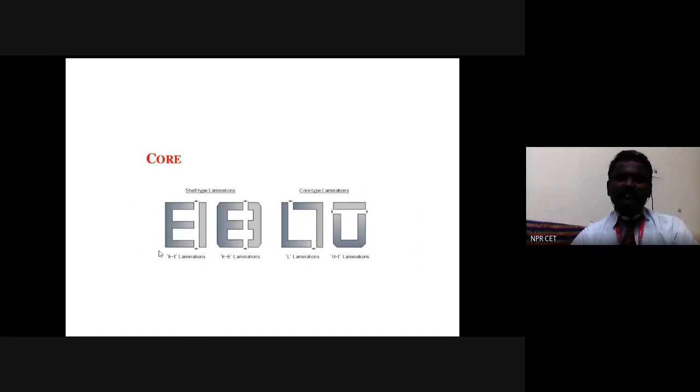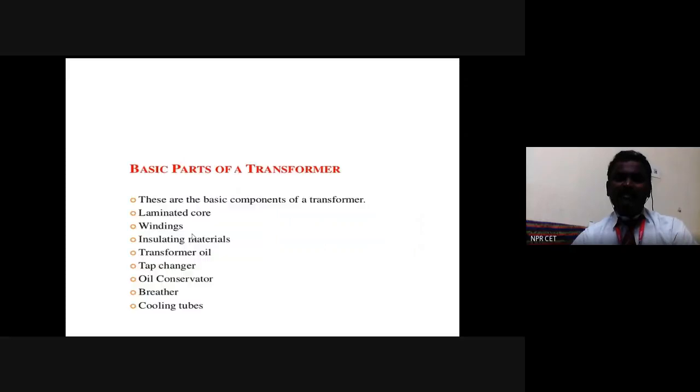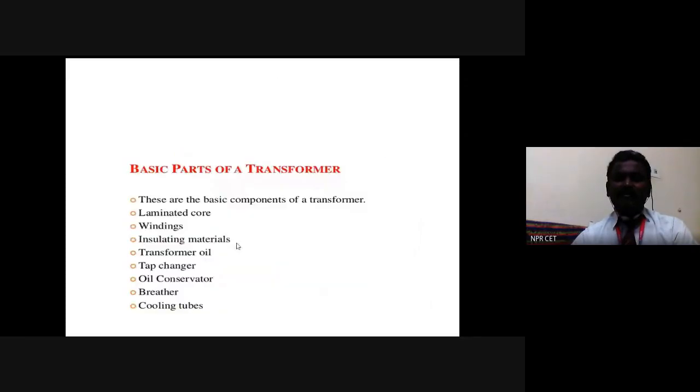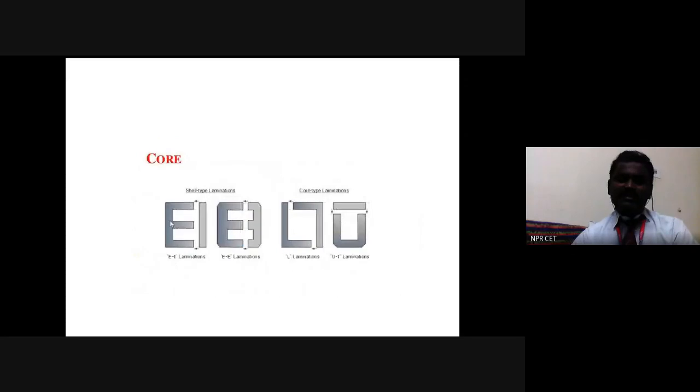In the shell type transformer, E type laminations and I type laminations are used. A bunch of E and I laminations make an iron core. Similarly, in the core type transformer, two L type laminations are used.